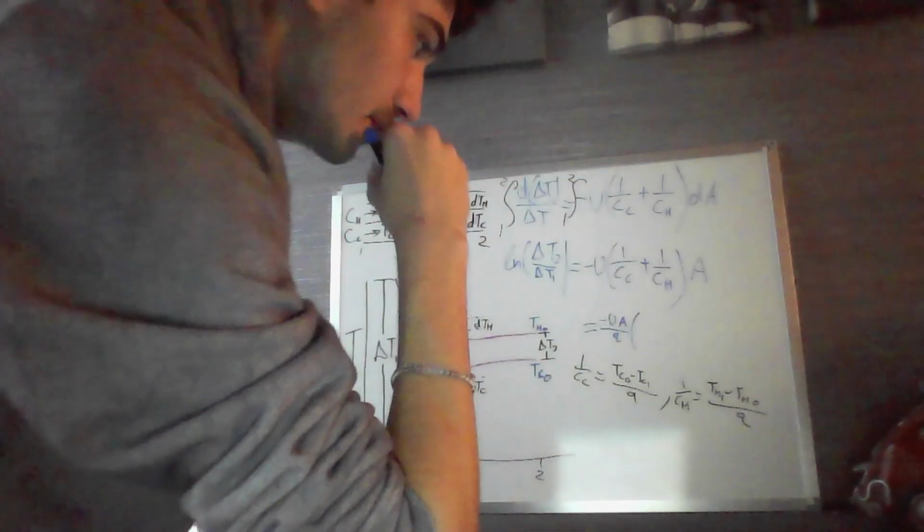We'll have negative UA over Q, and then we have the differences between these two, right? TCO minus TCI plus THI minus THO.